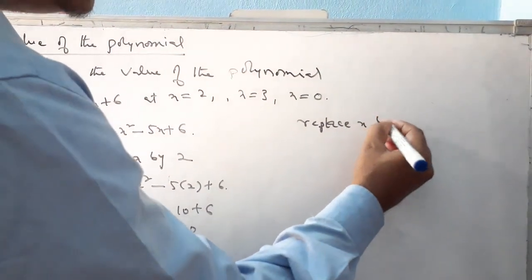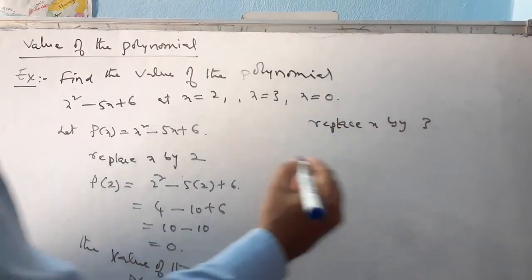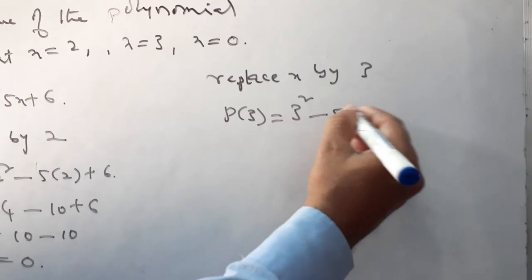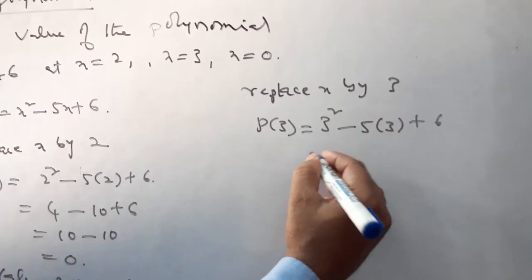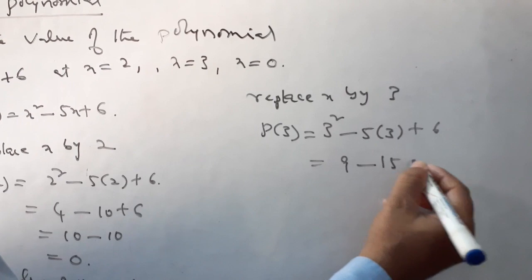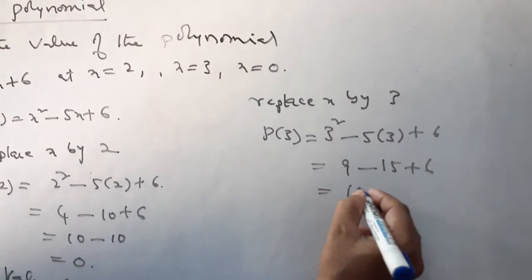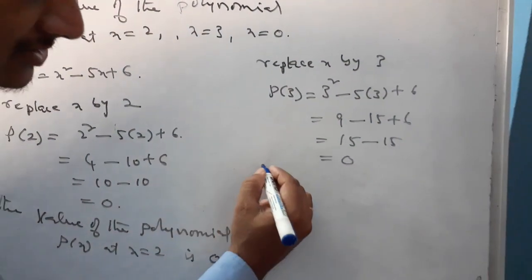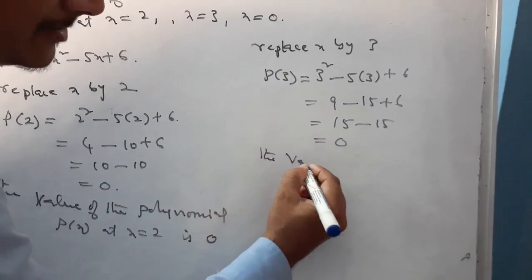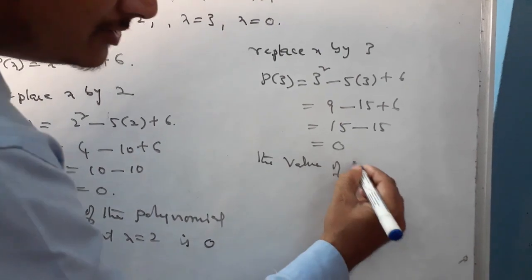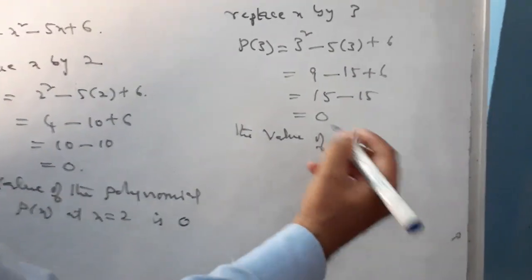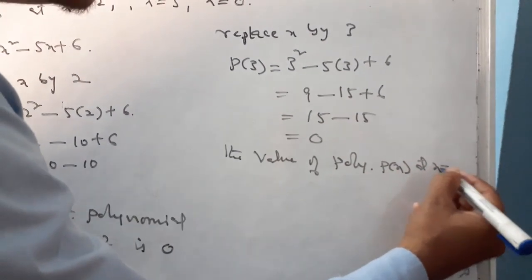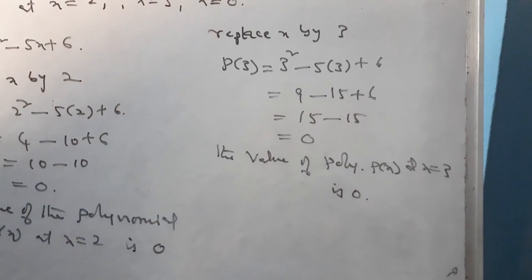Now replace x by 3. So p of 3 is equal to 3 square minus 5 into 3 plus 6, that is equal to 9 minus 15 plus 6, that is equal to 15 minus 15, which is also equal to 0. It is nothing but the value of the polynomial p of x at x is equal to 3 is 0.